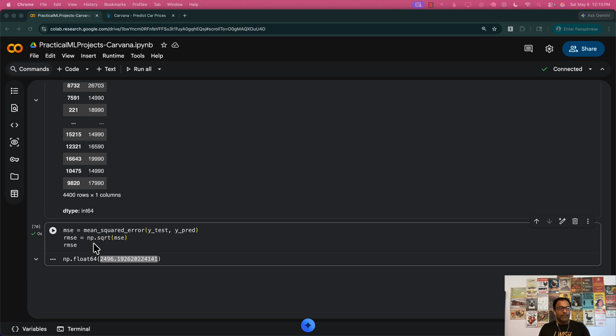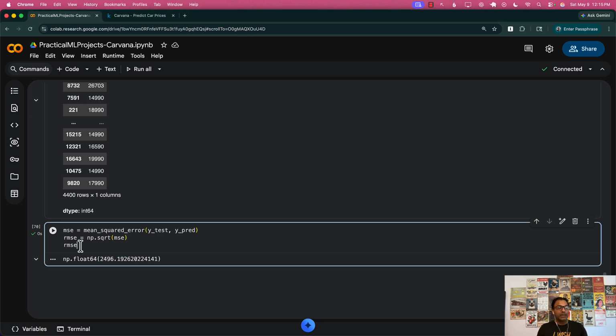So now, if we are predicting car prices, the root mean square error is in dollar amount. This 2,496, or 2,500, is an important number, and it means that on average, the prediction is off by about $2,500. That's what it means. So this is one of the most useful metrics for regression problems.